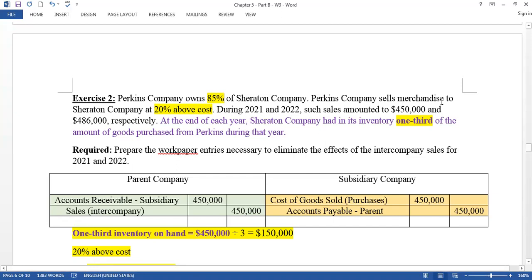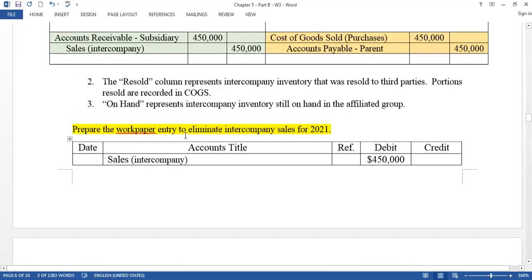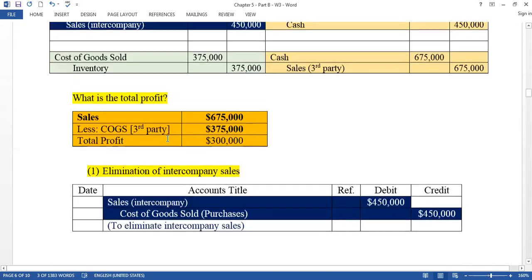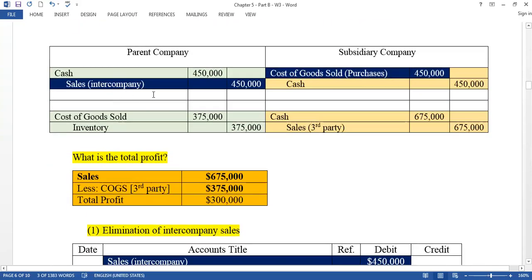When they sell inventory to the subsidiary, they add 20% above their cost. Like here, if you remember, the first journal. They sell it, okay. This is their cost price, right? Their cost price is $375,000. But when they sell it to the subsidiary, they add some profit.